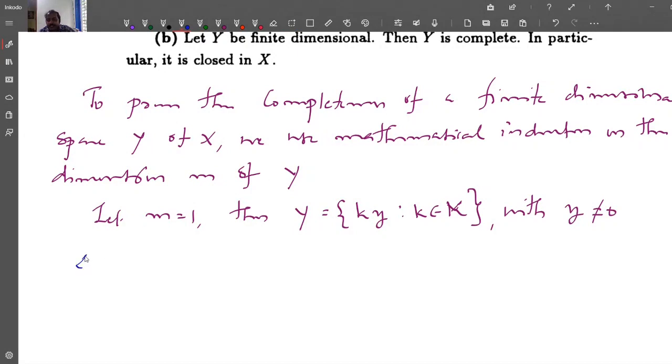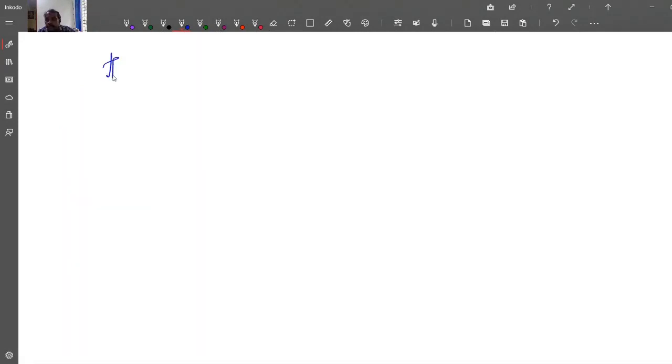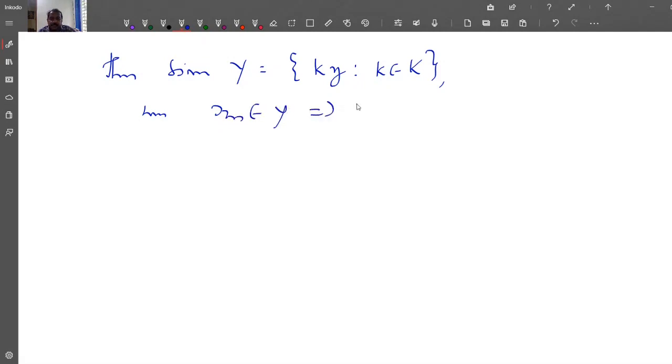So let xn be a Cauchy sequence in Y. Then since Y is equal to ky such that k belongs to K, we have xn belongs to Y implies xn is equal to kn y for some kn belongs to K.